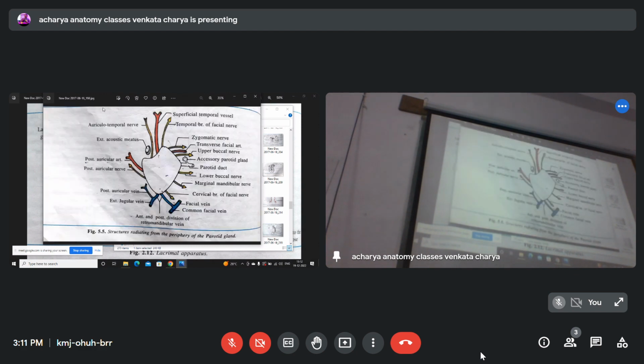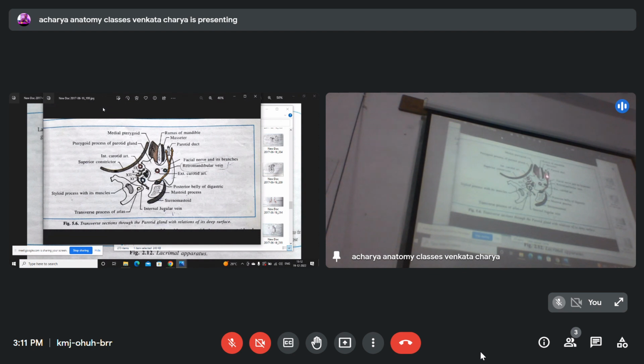Next, anteromedial surface relations. Anteromedial surface is related with number one, masseter muscle. Number two, posterior border of ramus of the mandible.